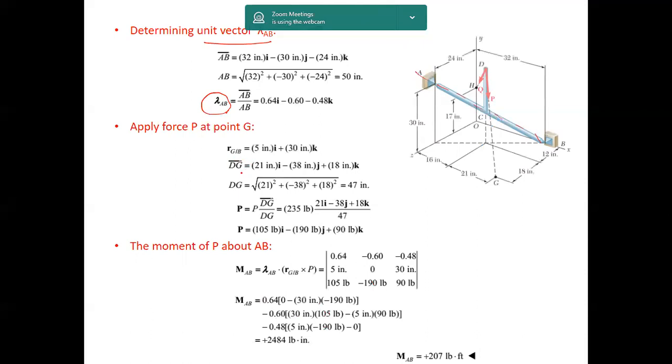Again, you have to determine the unit vector of the force. So you write the displacement from D to G and then the magnitude, and then you calculate the unit vector. And then you can write the displacement vector from B to G. So I'm going to write here that at the end we want to calculate lambda dot R cross F. So what we do is that we should identify each of these vectors.